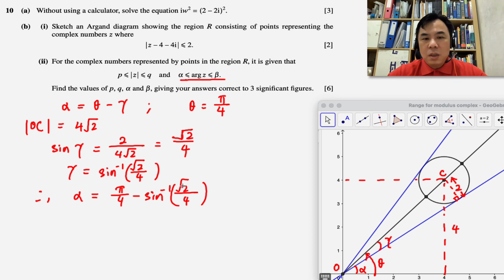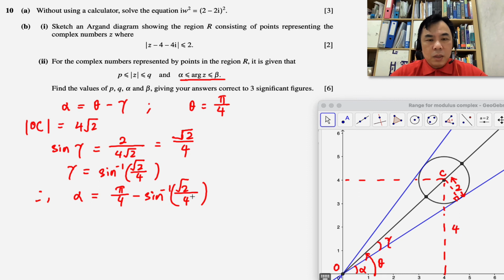All right, so let's give that a try. Let me use my calculator here. I'm going to get root 2 divided by 4, and then of course I need to convert that to radian measure. I will get some decimal number, which you can key into your calculator.